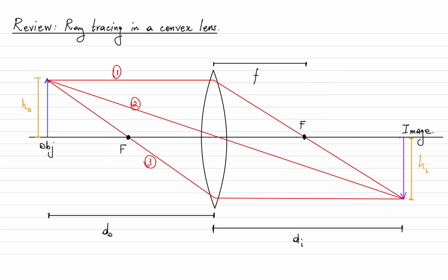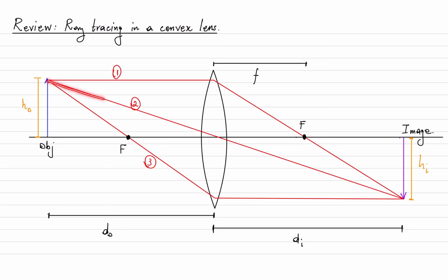So this is the first ray. It's the one that enters parallel into the lens and exits so that its new direction is toward the focal point. It will pass through the focal point. And then the second ray, which is very important, is the one that passes through the center of the lens.